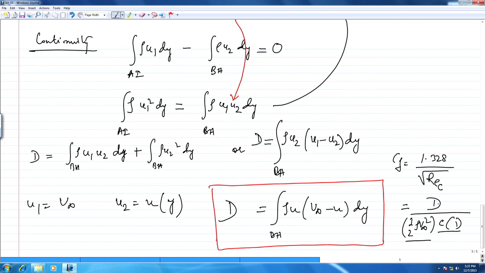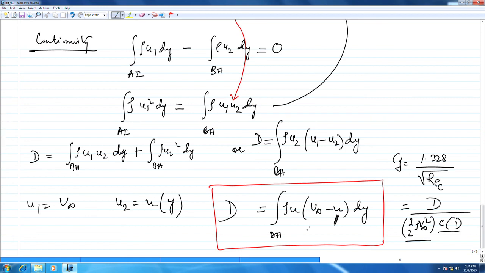The D that you see here is essentially the D that we have just come up with. So this is laminar flow over a flat plate. Now I can find out the drag, and hence the coefficient of friction, if I have some idea about the velocity profile at the exit.